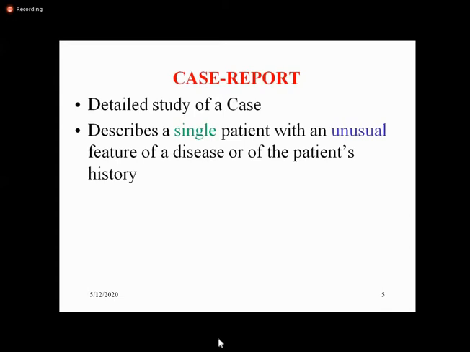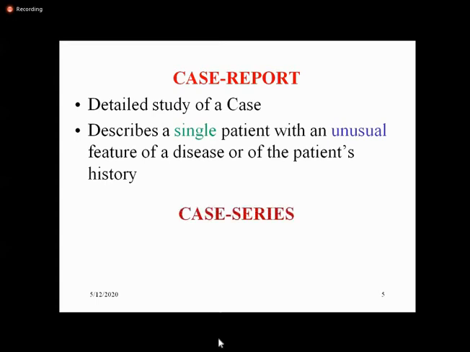Suppose you are sitting in a hospital or clinic and you find a new type of disease in a person, which was not described before. Or you see an old disease with some new symptoms. For that you go for the case report.